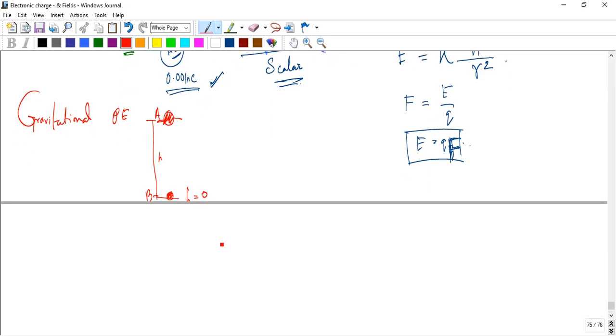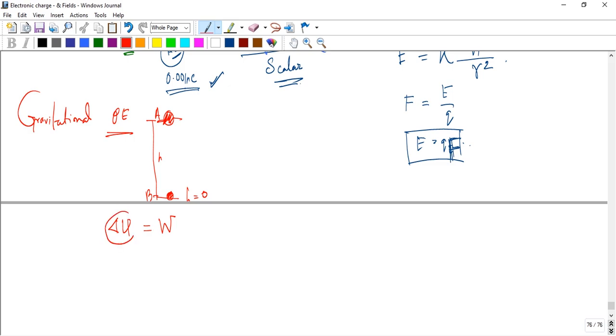So see very carefully the potential energy. We know the work kinetic energy theorem, or work energy theorem, where we see the change in energy. The delta U is equal to the work done.